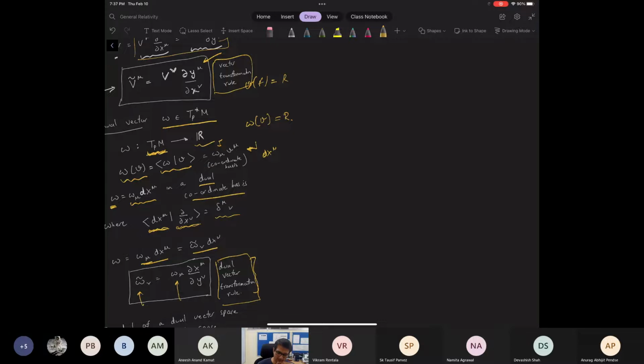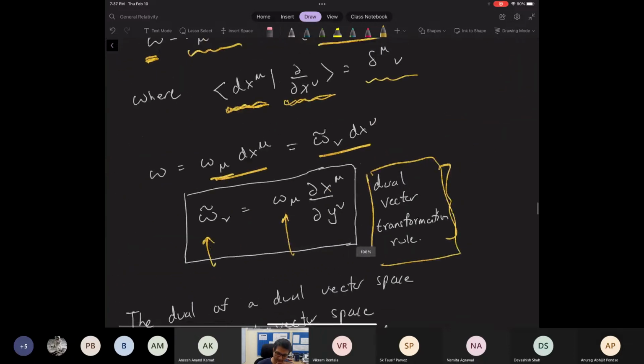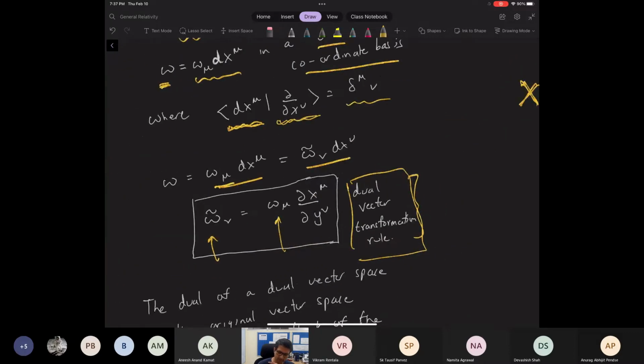Basically, we're changing from a basis expressed in the x coordinates to a basis expressed in the y coordinates. One more thing, as a rule of thumb: if you want to remember this rule for the dual vector coefficient transformation, you can think about dividing by dx^nu in some sense, and writing this as omega_nu-tilde is omega_mu dx^mu over dx^nu, and then just converting this to partials.